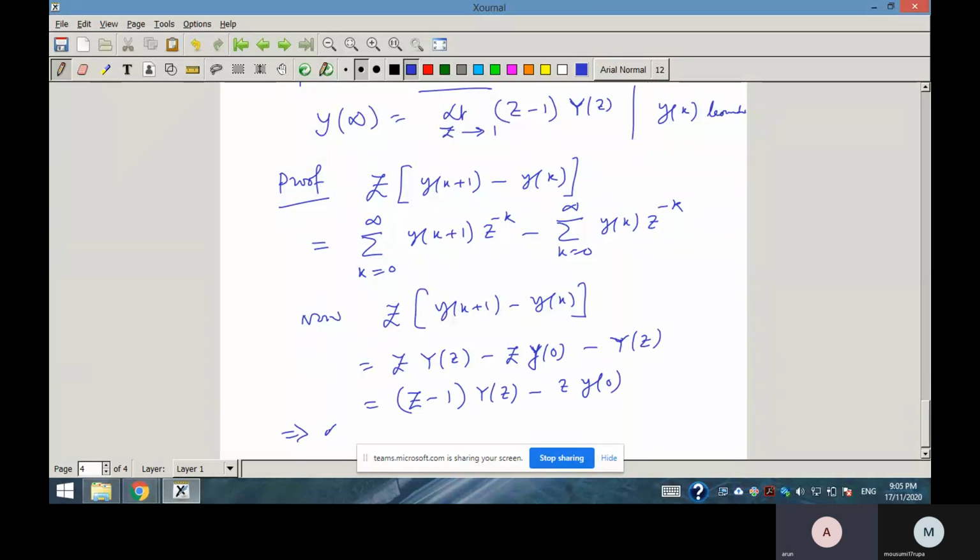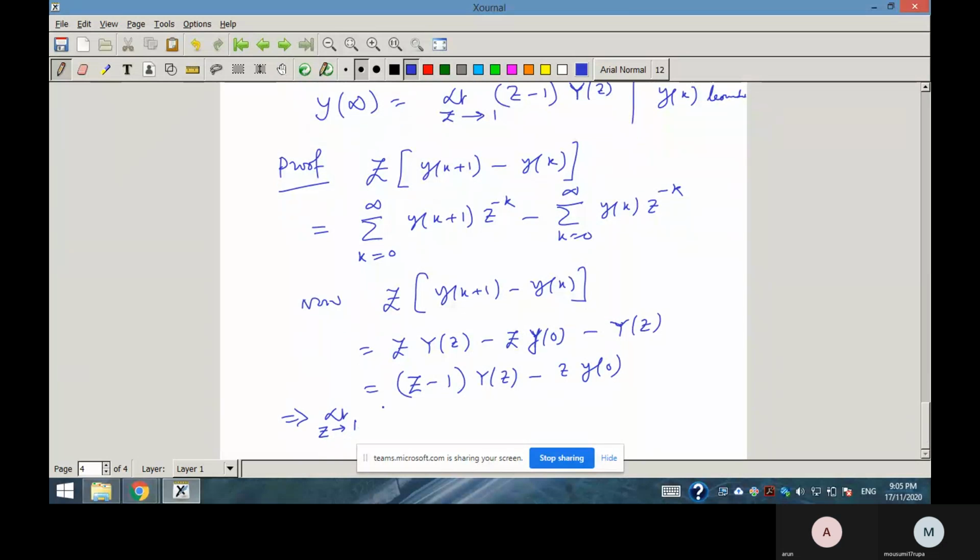This implies the limit as z tends to 1 of the z transformation of yk plus 1 minus yk equals the limit as z tends to 1 of (z minus 1) into Y(z) minus y0. Suppose this is 1.